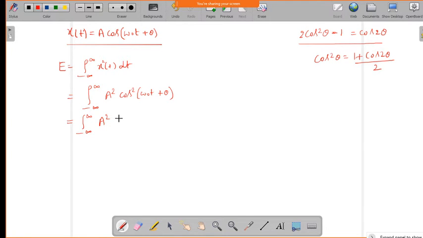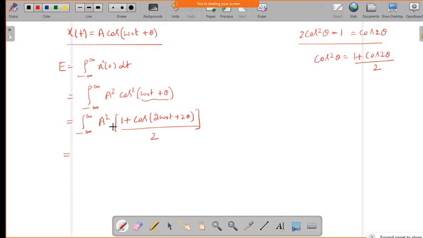So cos square theta in terms of cos 2 theta gives 1 plus cos of 2 theta, which here is 2 omega naught t plus 2 theta, divided by 2.